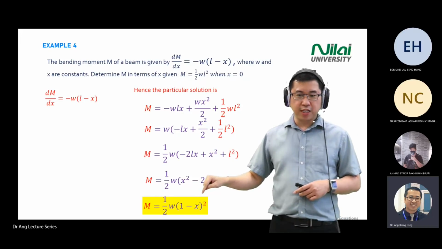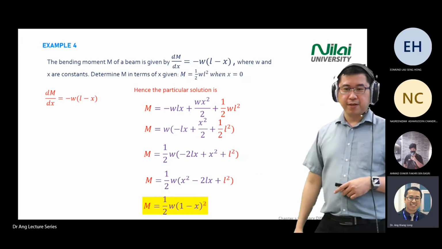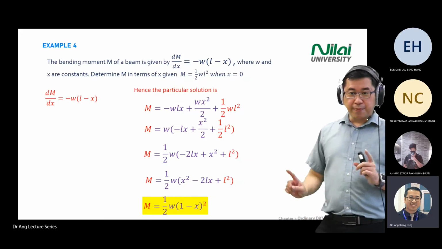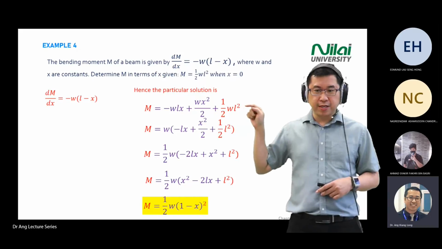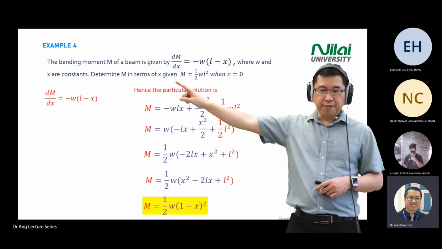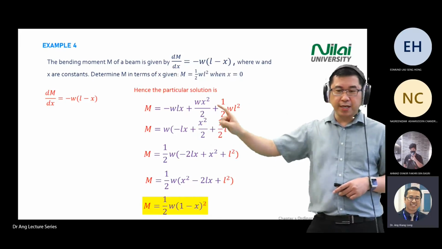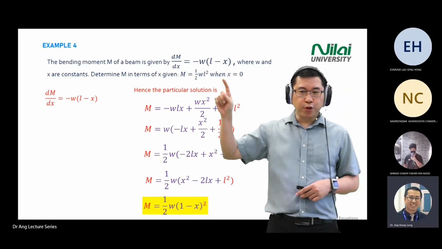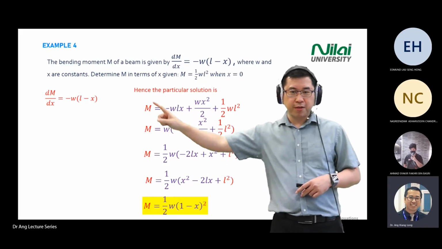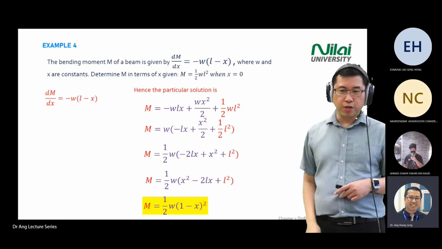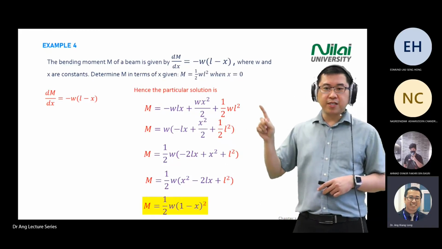You need to put in this form and not this form. Again, I repeat, if you see the question like this, you can put your answer like this. But if the question adds one more statement, put your answer in the simplest form, you see that statement in the question.